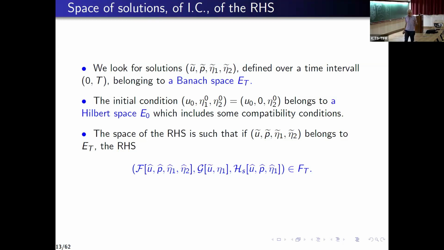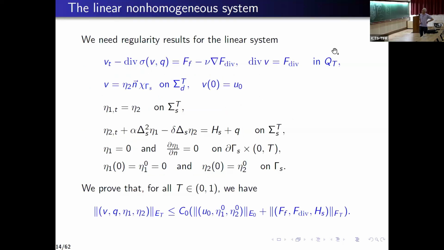Why? Because if it is not 0, I have to write everything in the initial configuration, and if the displacement is not 0, I have to write another displacement. But okay, this makes things complicated, and I just write in this simple situation, but we always have to come back to this initial situation. So this is what I need.